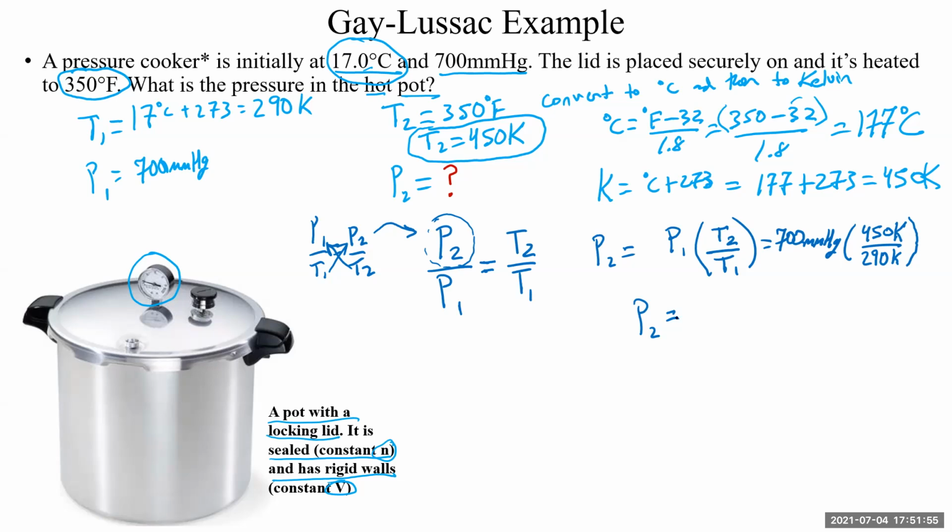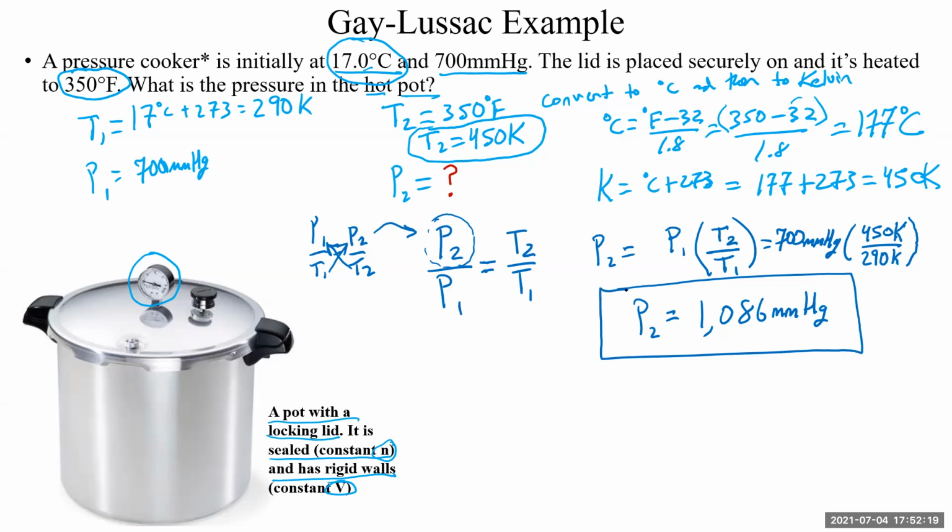So we take 700 times 450 divided by 290. 450 divided by 290 gets us to about 1.55, and we multiply that by 700, and so we get 1,086 millimeters of mercury.